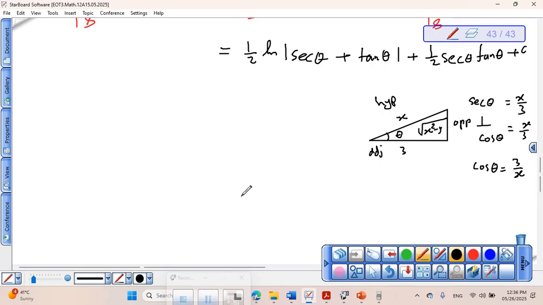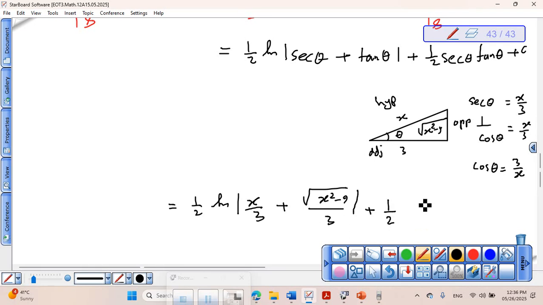Everything is ready. We can write the answer: half ln of the absolute value of sec, which is x over 3, plus tan, which is opposite over adjacent, radical x squared minus 9 over 3, plus half sec, x over 3, times tan, radical x squared minus 9 over 3, plus c.